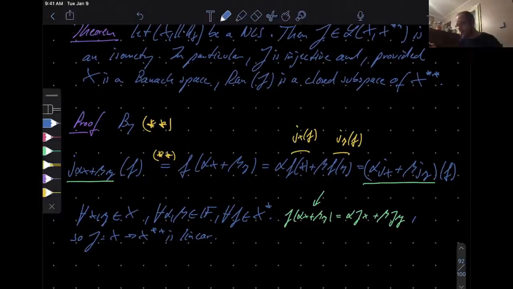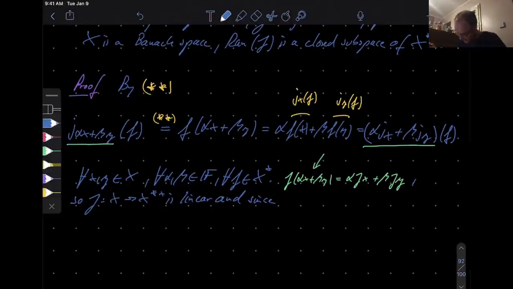Next we'll show it is bounded, and we'll prove more. We will already get in the direction of the isometry. So what's the operator norm of J?